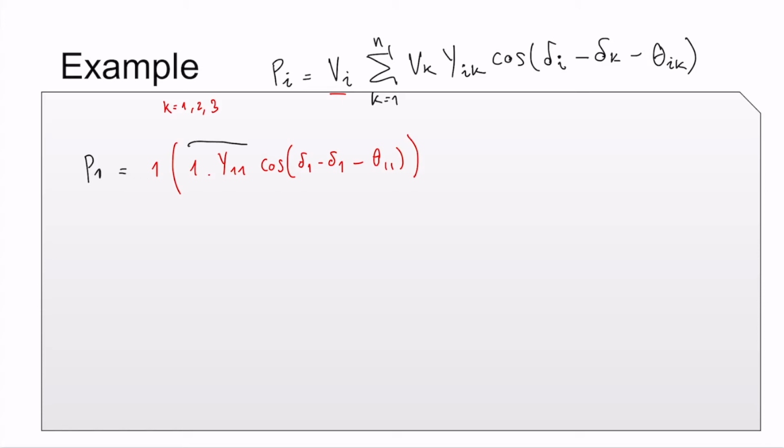Yes, this is related for K equal to 1. By replacing, this is 19.9, this is 0, and this is 1.47.